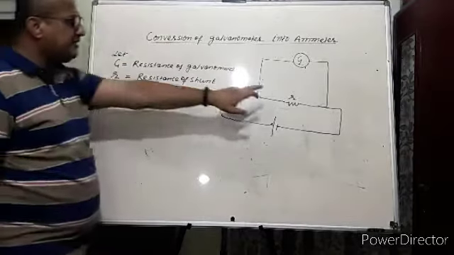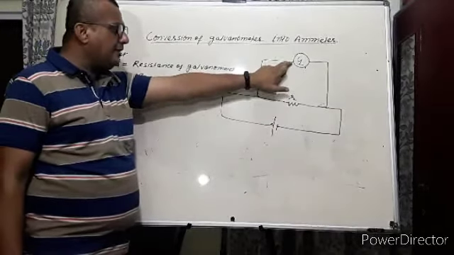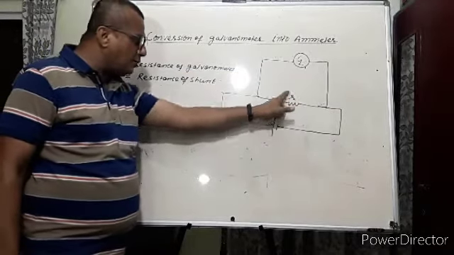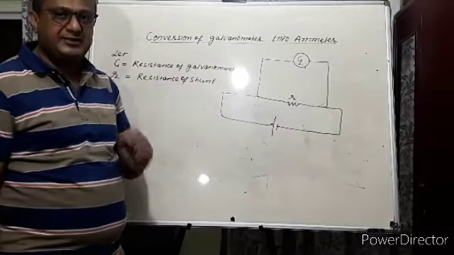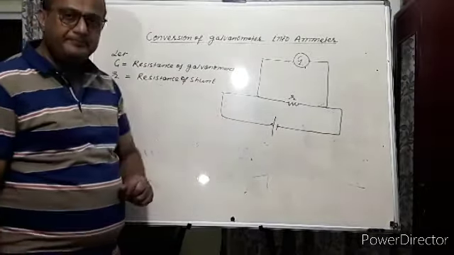This small resistor connected parallel to the galvanometer is called a shunt, S-H-U-N-T. This is the technical name.